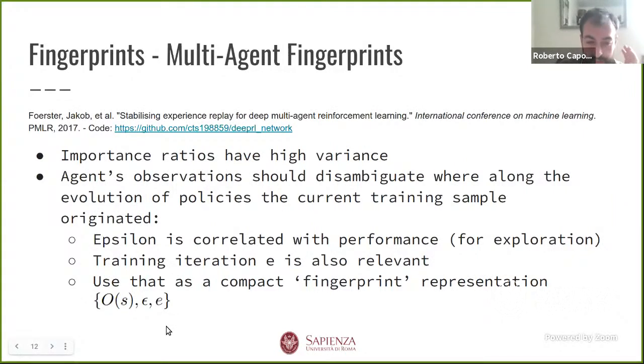So what happens to the Q function? Well, it needs to be trained. We not only pass the observation, so we have Q that receives the observation, but in this case, in addition to the observation, it also receives epsilon and E, where E is the training iteration.